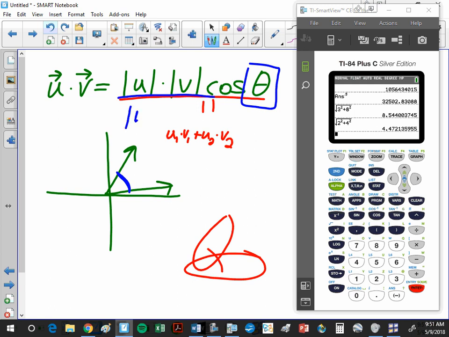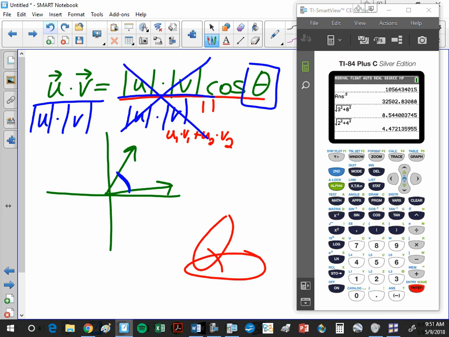Divide by the magnitude of u times the magnitude of v, and then do the cosine inverse. So if I take the dot product of a vector and I divide it by the magnitude of each of the vectors, and then I invert the cosine, that will tell me the angle.